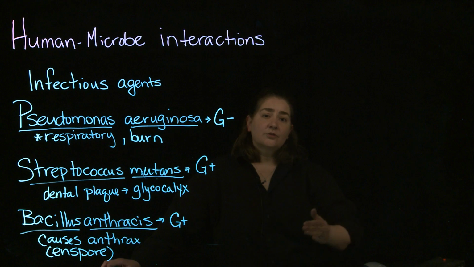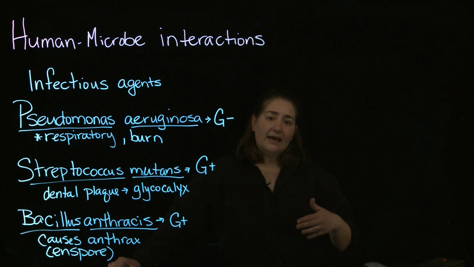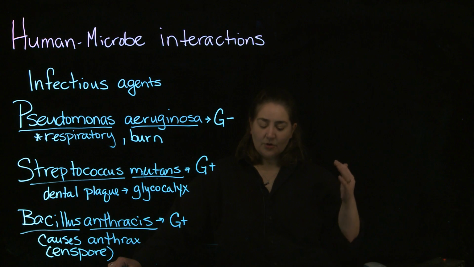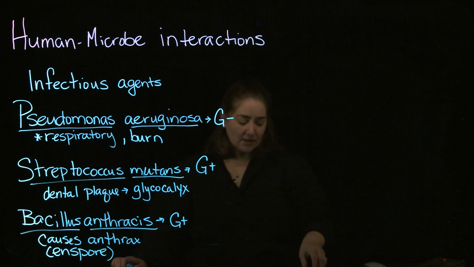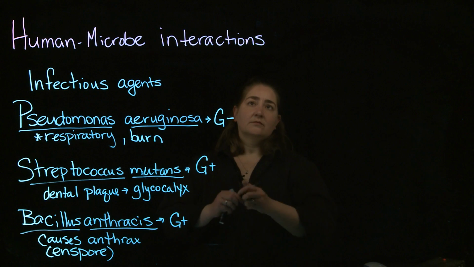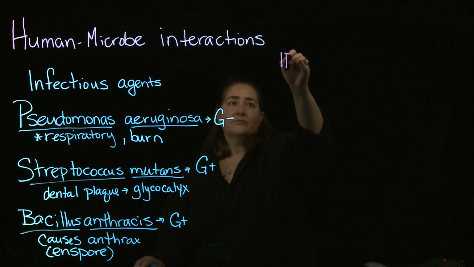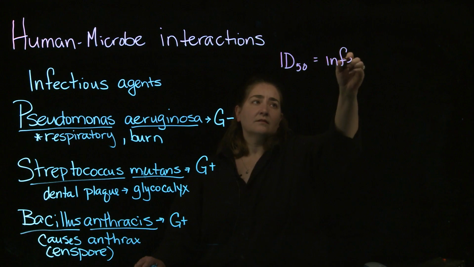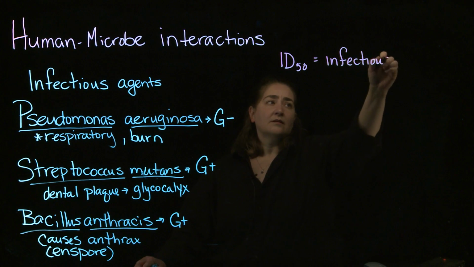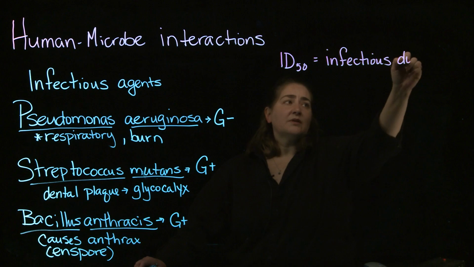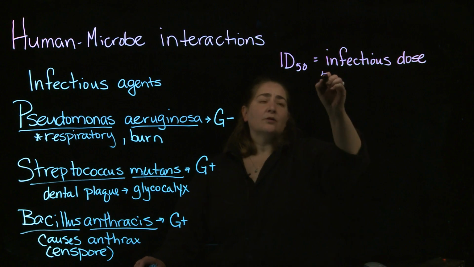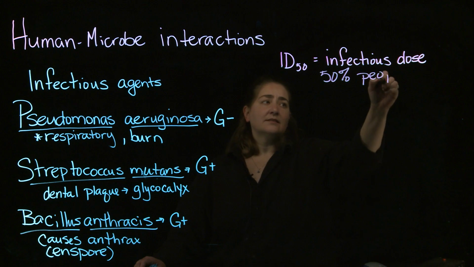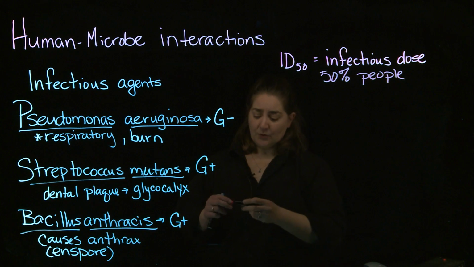You'll notice one of the slides I have in this week's lesson is on dose. So in terms of that, there's going to be an ID 50. This is going to be the dose that will infect 50% of people who are exposed to it.